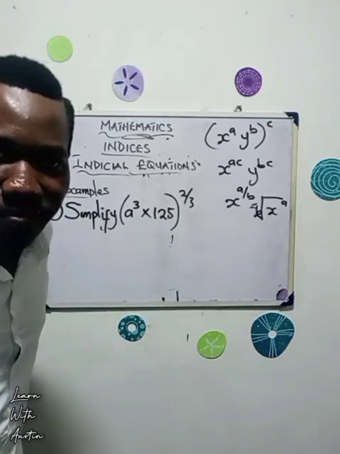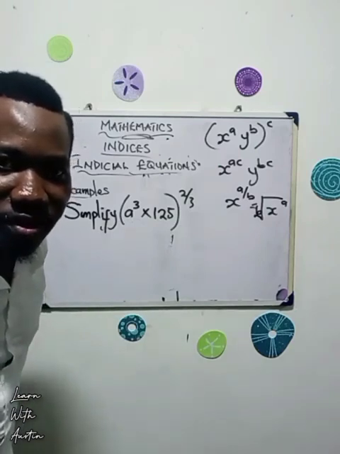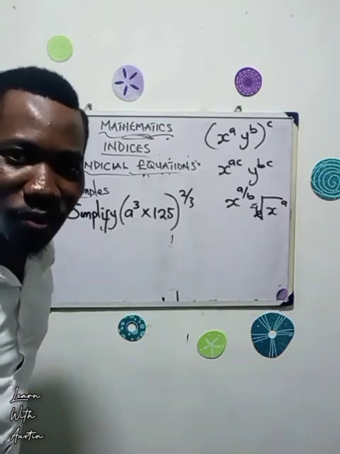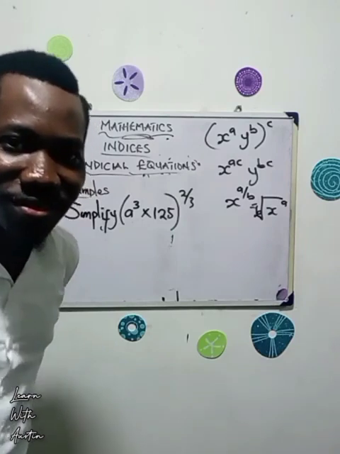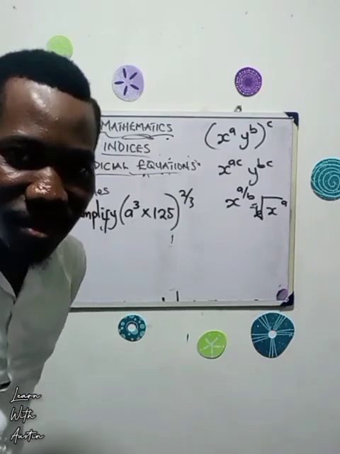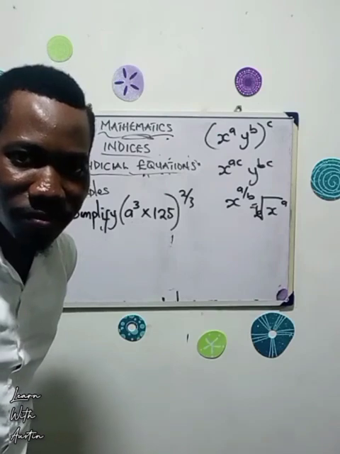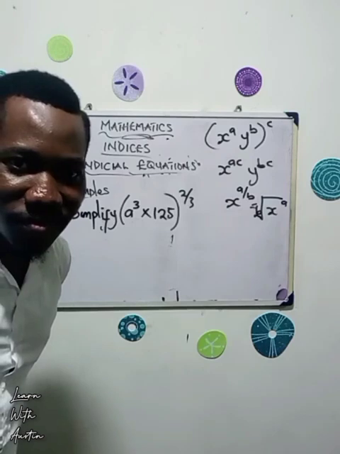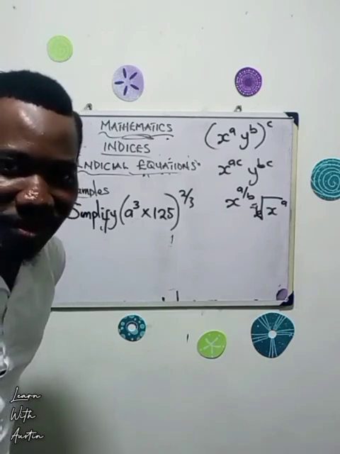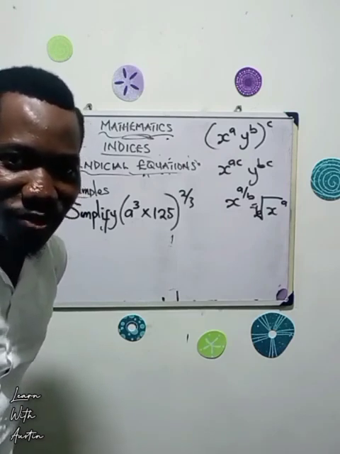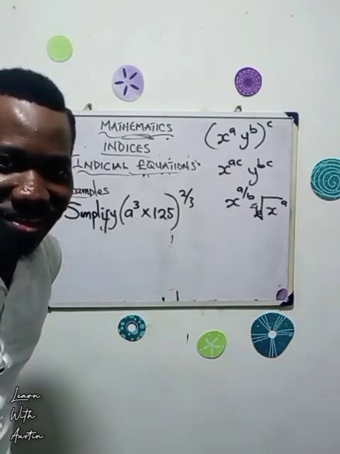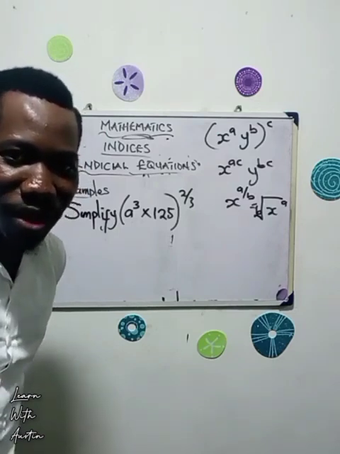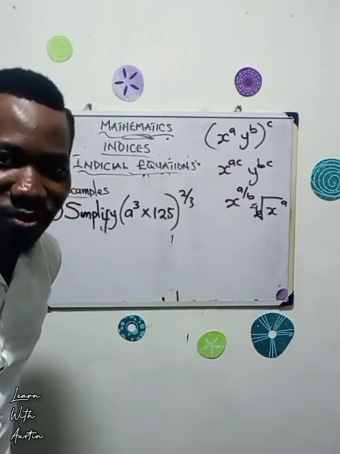There's no x here; the x was added by mistake. The answer is 25a squared.